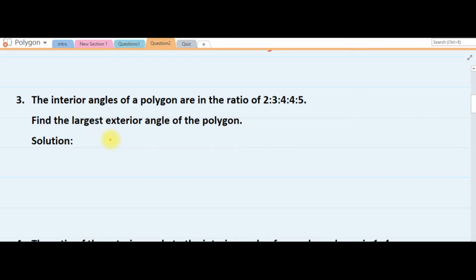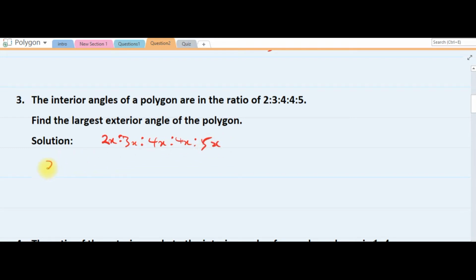So we have to find the least interior angle, and use it to find the exterior angle, which is 180 minus the interior angle. So we can write the ratio as 2x is to 3x is to 4x is to 5x.